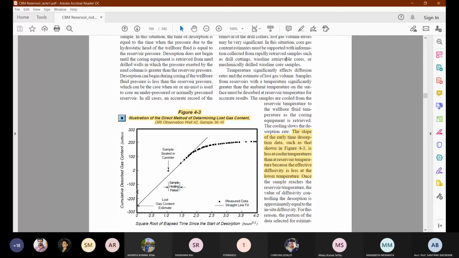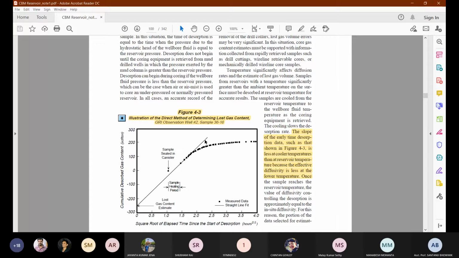This is minus because it is lost. That's why they have plotted it in the minus. Okay. So you can see that here you are going to estimate the lost gas as only 150 SCF per ton, whereas it is actually 250 if you accurately monitor the sample.